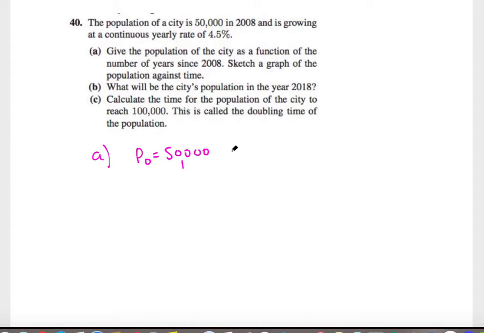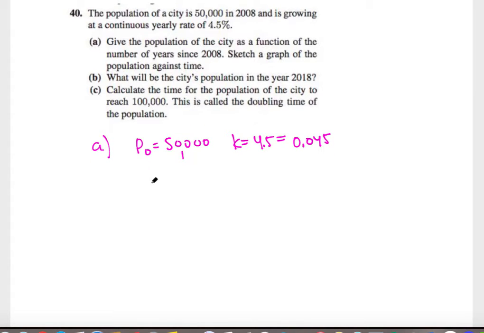We have a continuous yearly rate of 4.5%, so that's 4.5 for k, which is 0.045. And so then we have a population function that will look like 50,000 times e raised to the 0.045t.